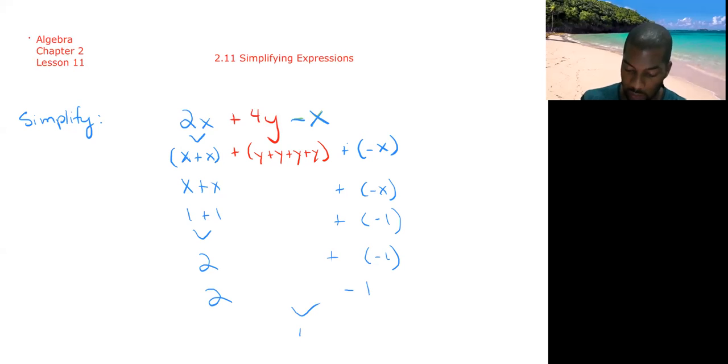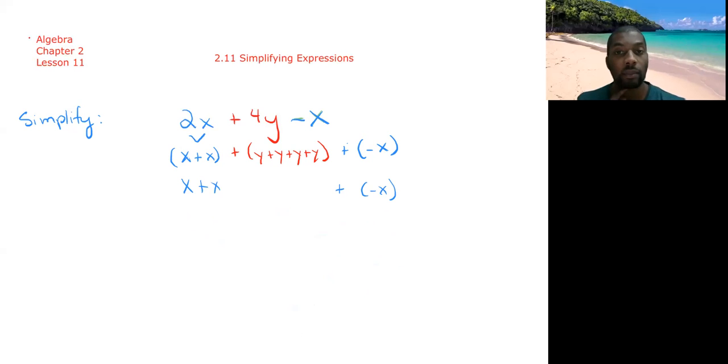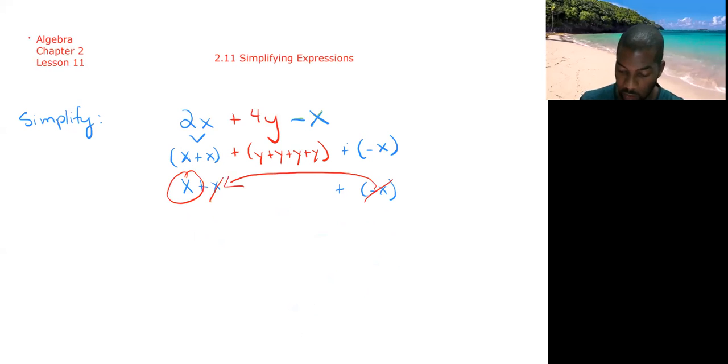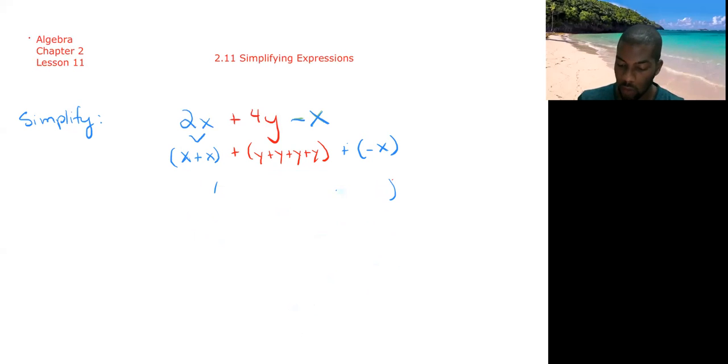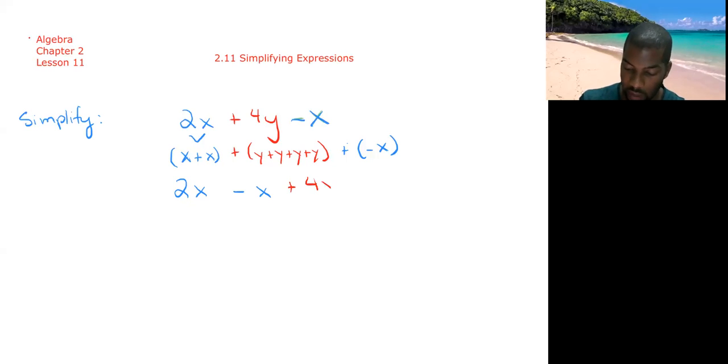Or another way to think of this is you have two x's and you take away 1x, right? 2x minus x. That's just going to be 1x, right? This negative x gets rid of one of those x's, so you're left with a singular x. Either way, you could also do it where I rearrange and I go 2x minus x, so I have all the like terms next to each other, plus 4y.